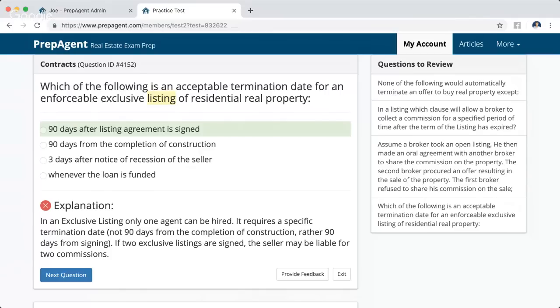So which of those would need a definite termination date? An open listing or an exclusive listing? An exclusive listing. Why would an open listing not need a definite termination date?